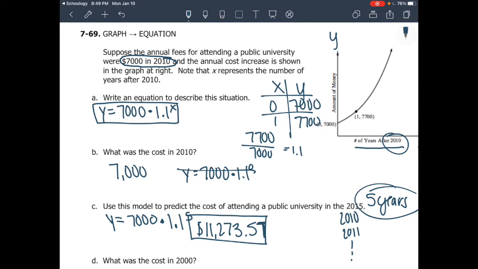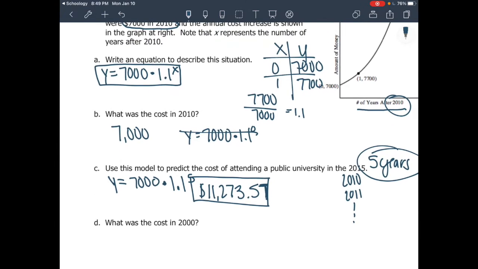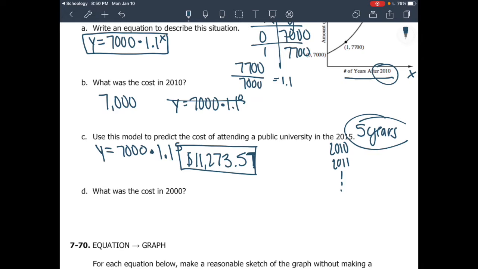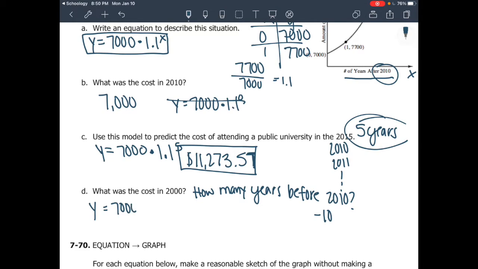So then it says, what was the cost in 2000? So that was like before 2010. So how many years before 2010 is that? That's going to be minus 10 years. So when we're plugging it into our equation, we're putting in that negative to represent we're going below our starting amount.